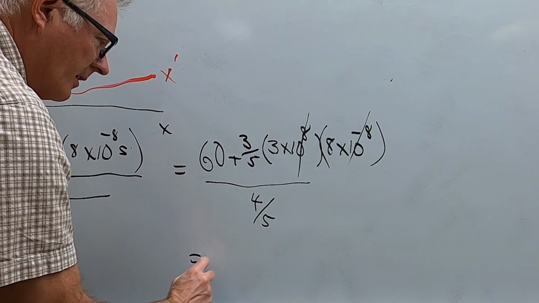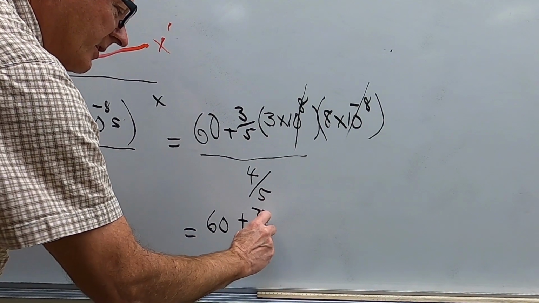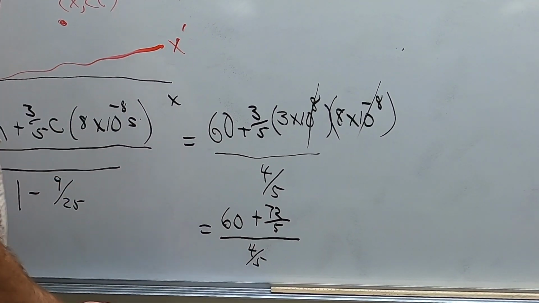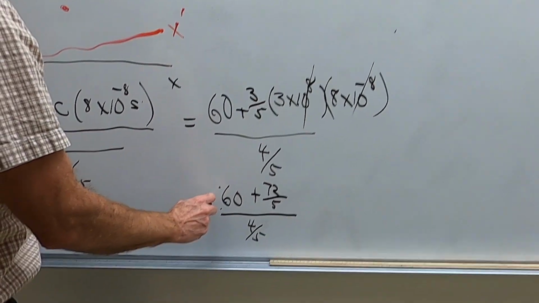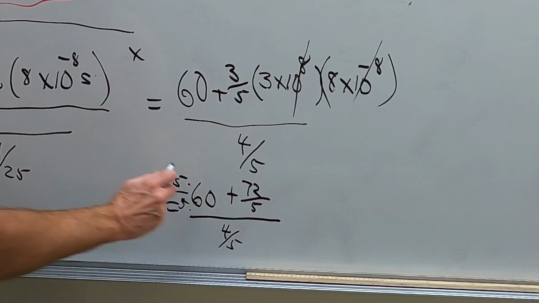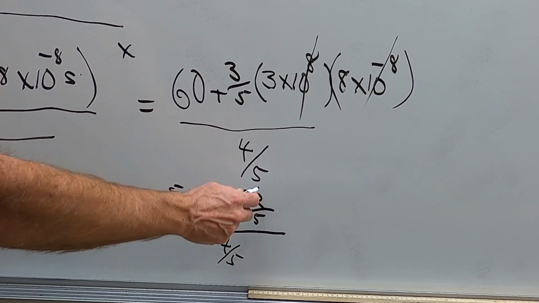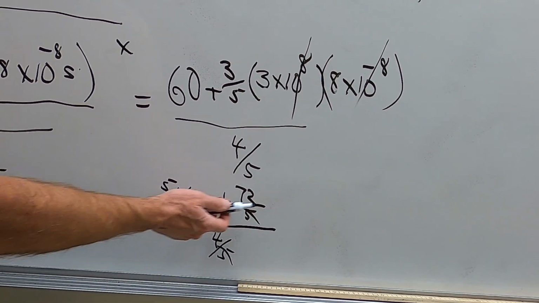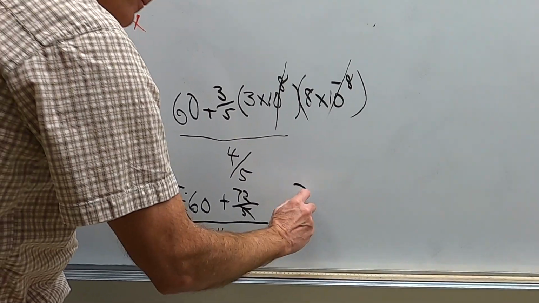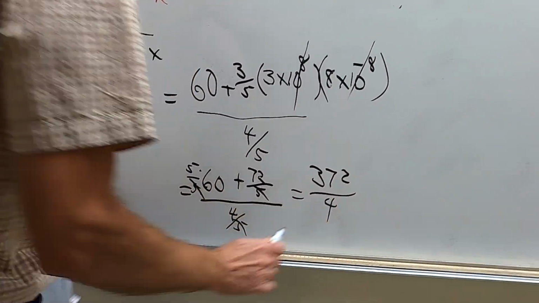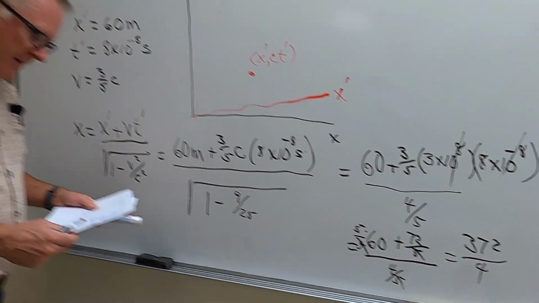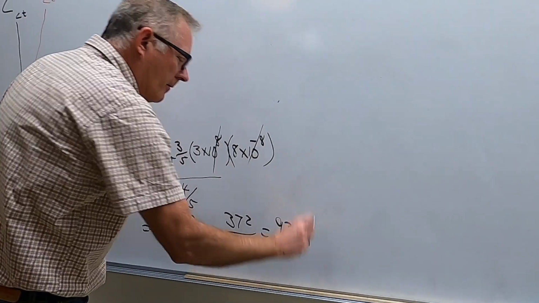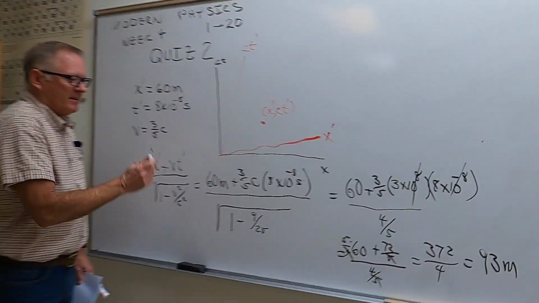So we end up with 60 plus 72 over 5 divided by 4/5. I'll make this 5 over 5, so that's 300 over 5 plus 72 over 5 divided by 4 over 5. Well, all the 5s are gone. So it's 372 over 4, and that ended up being 93 meters. Okay, so you just plugged it into this formula.